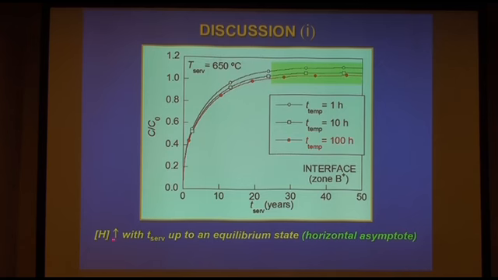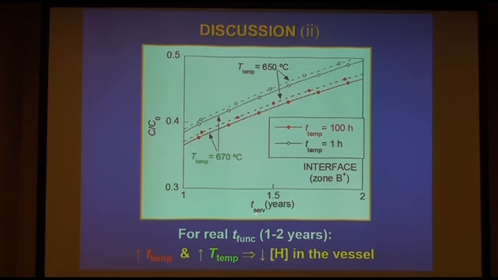Then, higher hydrogen with service time up to an equilibrium state, a horizontal asymptote, green area, a typical hydrogen diffusion trend. Hydrogen tends to a limit value. With regard to the tempering temperature and tempering time, we have a plot of equilibrium concentration normalized with that for the material free of stress and strain for a real functioning time of 1 to 2 years.